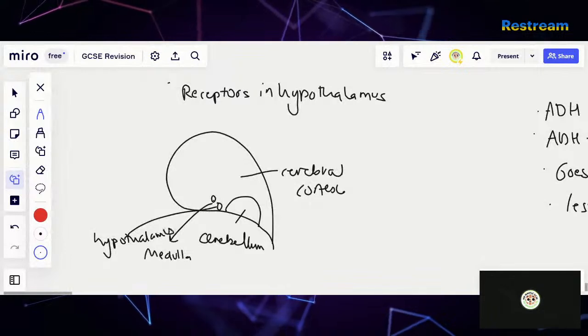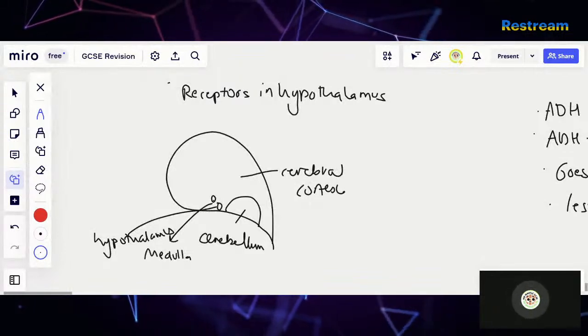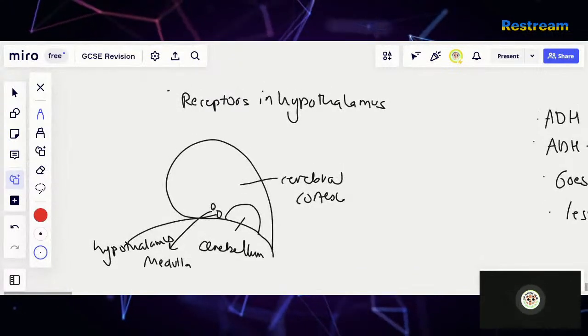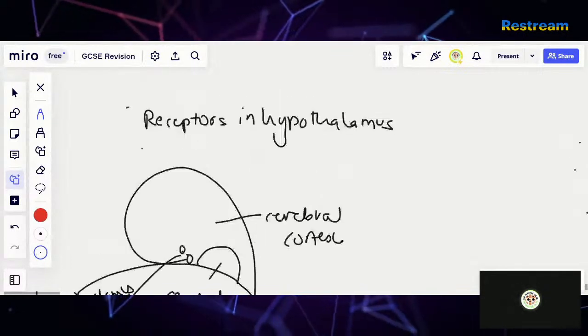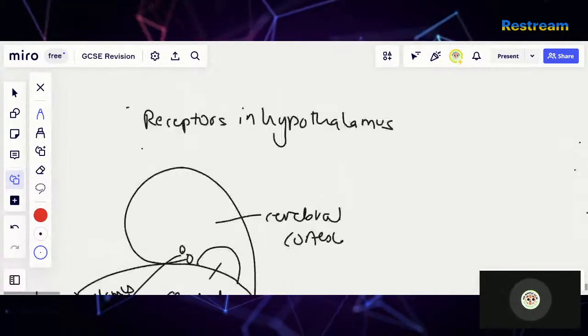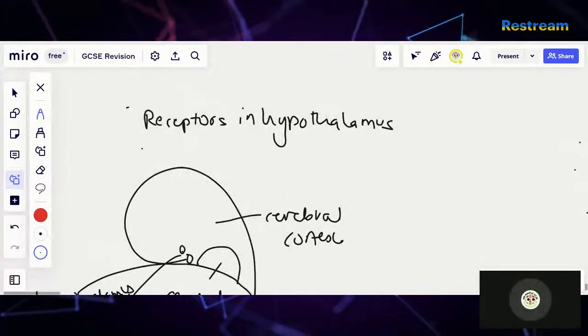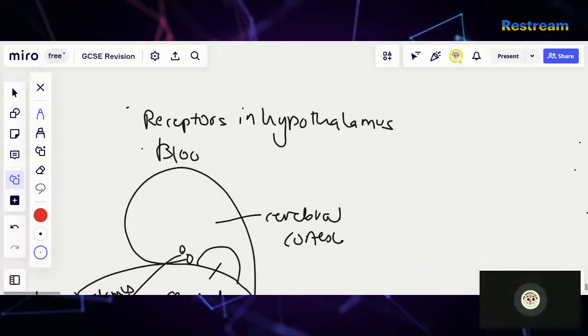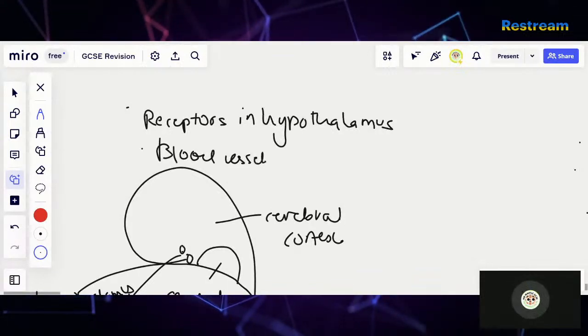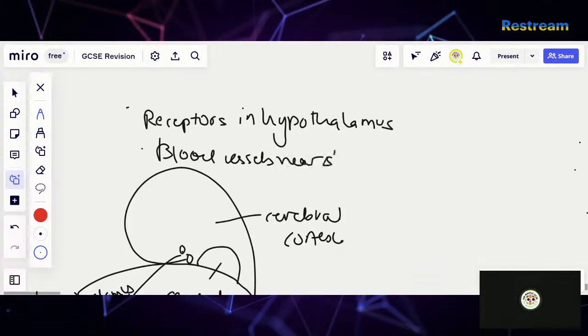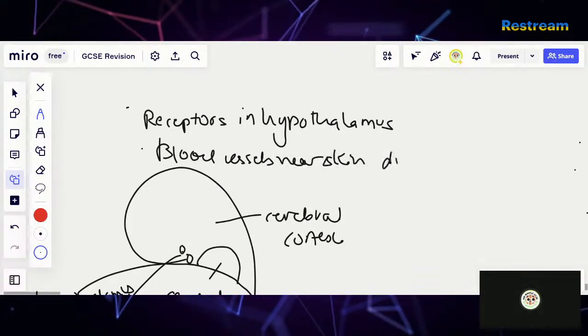And these control rates and things like that. So we have receptors in the hypothalamus. And these receptors in the hypothalamus, the blood vessels near the skin surface dilate. So they get thicker.